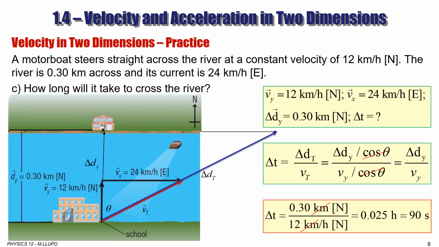So that's about adding velocities in two dimensions. This is an easy one, but you can have any direction, adding vectors at any direction, the same way as we added displacement before.